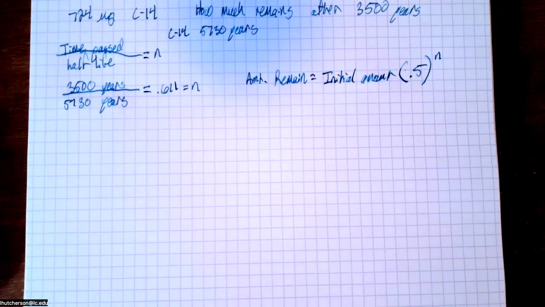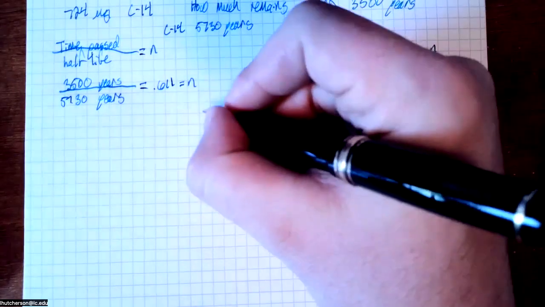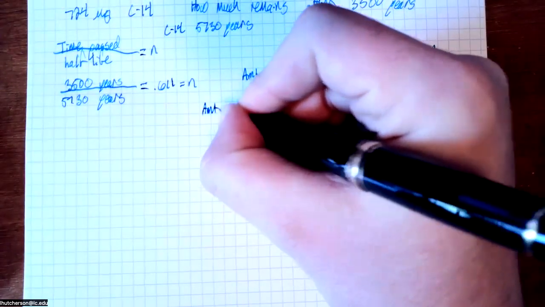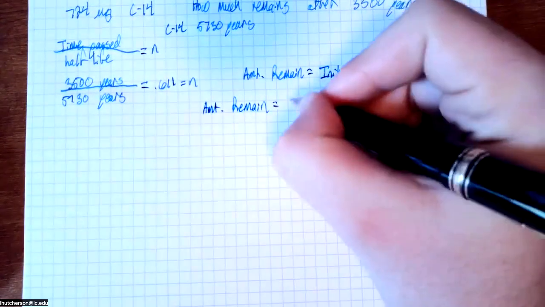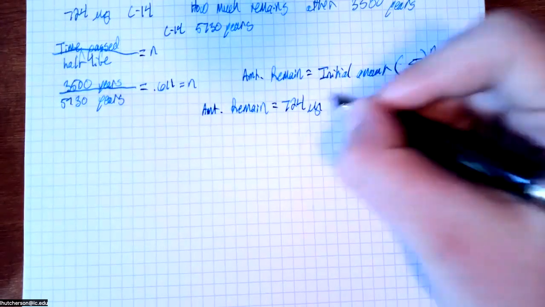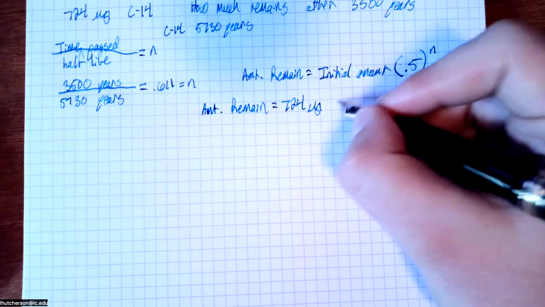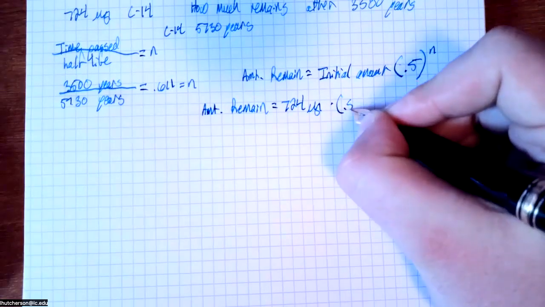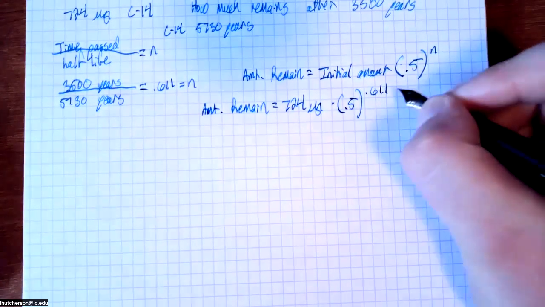All right. So to set this up, I'm going to say amount remaining is equal to 724 micrograms times 0.5 raised to the power of 0.611.